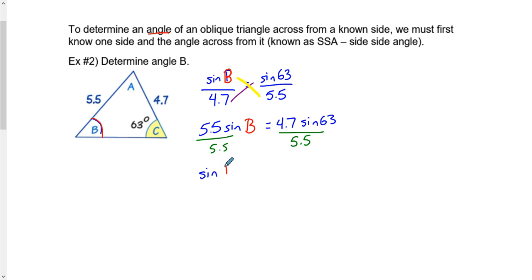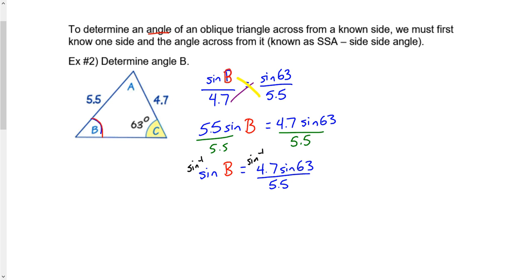So we do have the sine of b equal to 4.7 multiplied by the sine of 63 divided by the 5.5. And in order to get the b by itself, I'm going to have to get rid of the sine, which means I'm going to sine inverse.